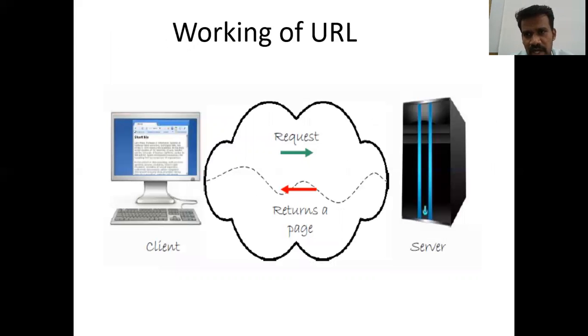As I already discussed with respect to client and server, if any client requests a resource through a URL, the URL is sent through the middle layer. The middle layer sends it to a server. The server checks the respective request from the client.